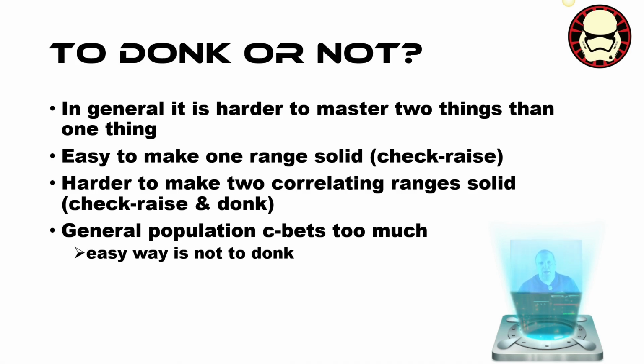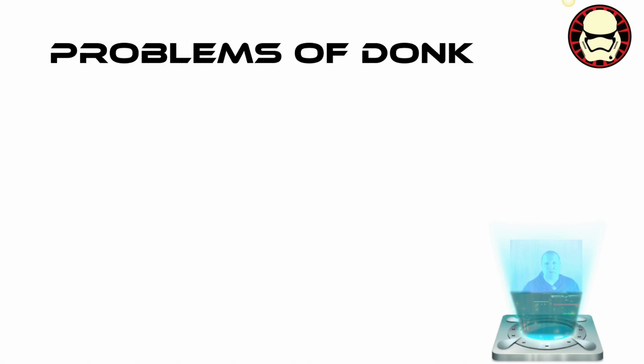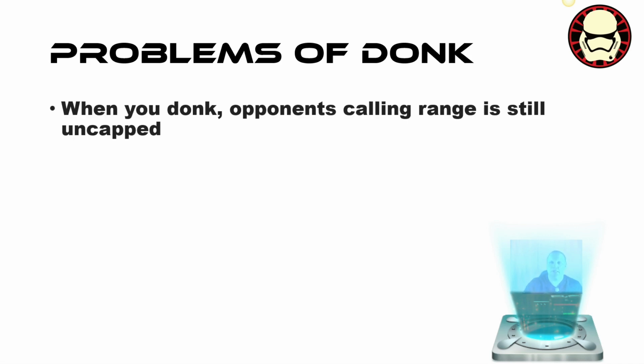When we start to donk, the problem is that when you donk and an opponent calls, the calling range is still uncapped. Let's say you donk, the opponent calls, he still has the nuts. If you check raise and he calls, often if he has the nuts he would just re-raise you.